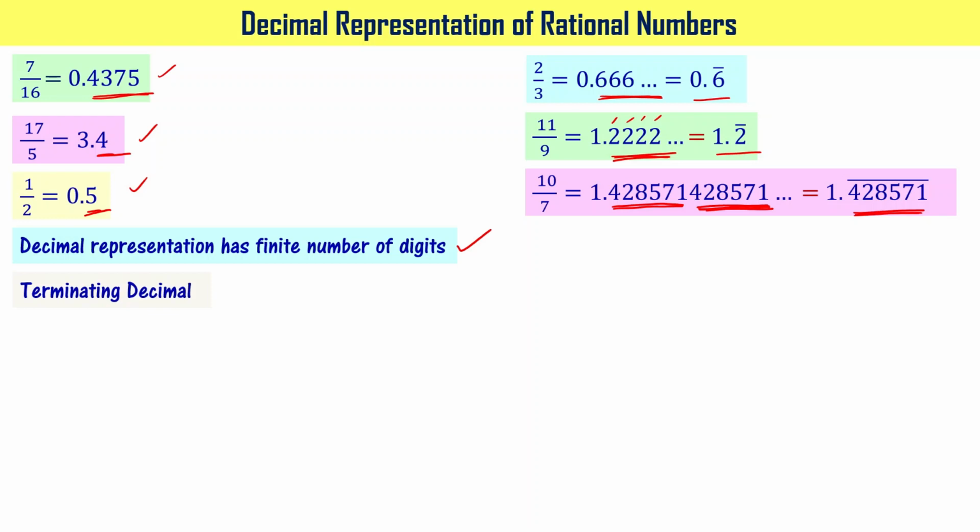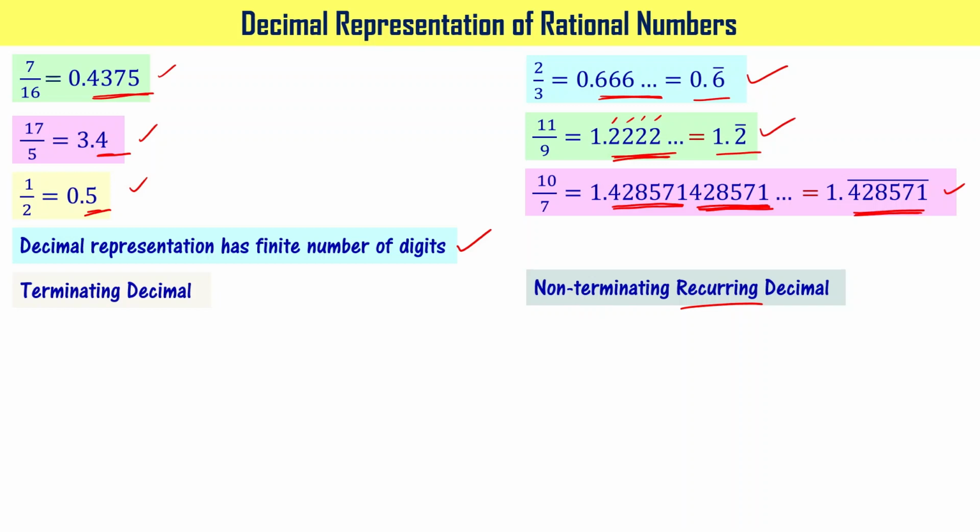In these other cases, it is not terminating, right? That's why these are called non-terminating recurring decimals. Recurring or repeating doesn't matter, but people call it recurring decimal, right? Both mean the same. Non-terminating and repeating decimals here.